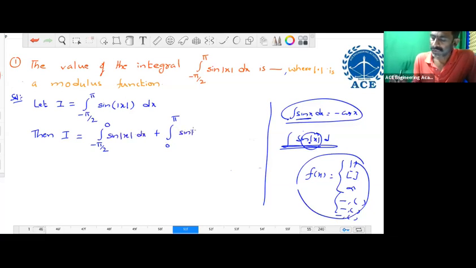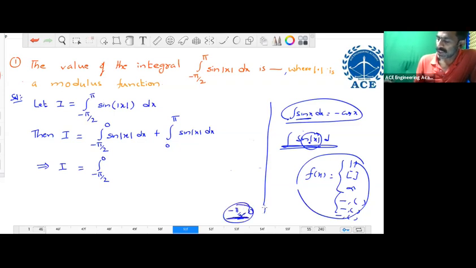In the interval minus pi by 2 to 0, that is before 0, mod x is minus x for x less than 0. Next, mod x equals plus x for x greater than or equal to 0.